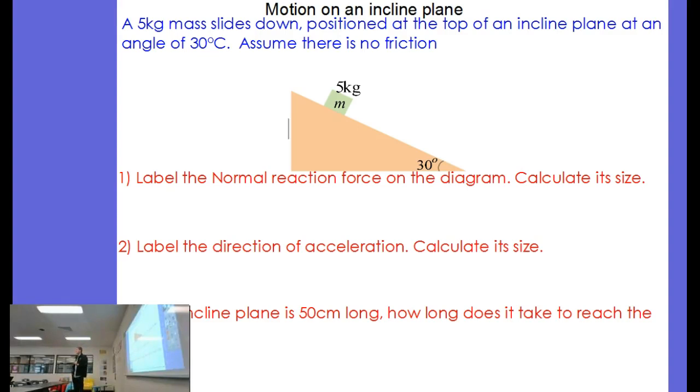Now, this one's going to be a lot easier because this time I want you to think about what information in the question helps us to identify what forces are actually there and which ones are no longer there. And always draw the forces on your diagram first. Okay? And identify what's going to be the actual direction of motion that's going to occur.